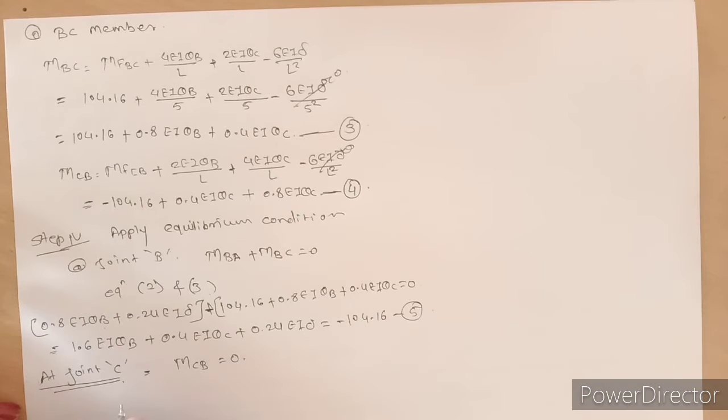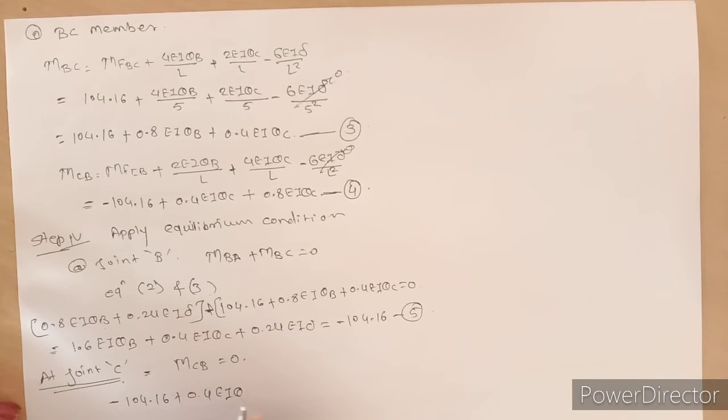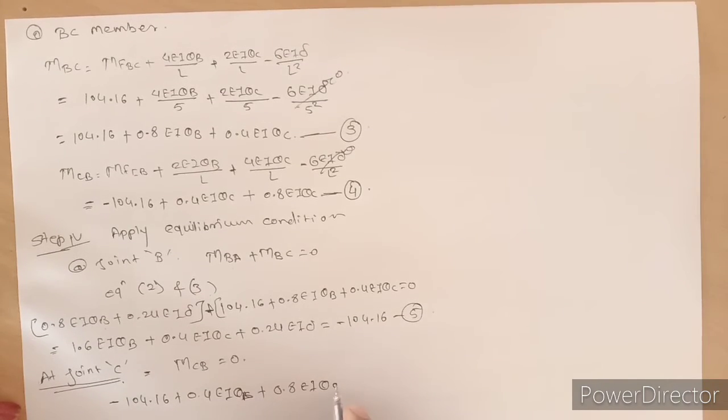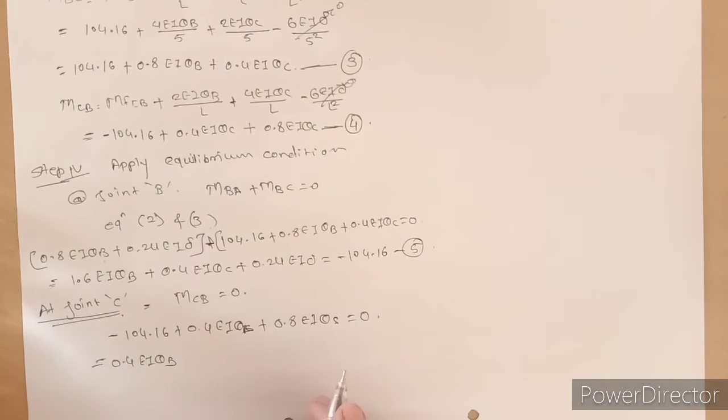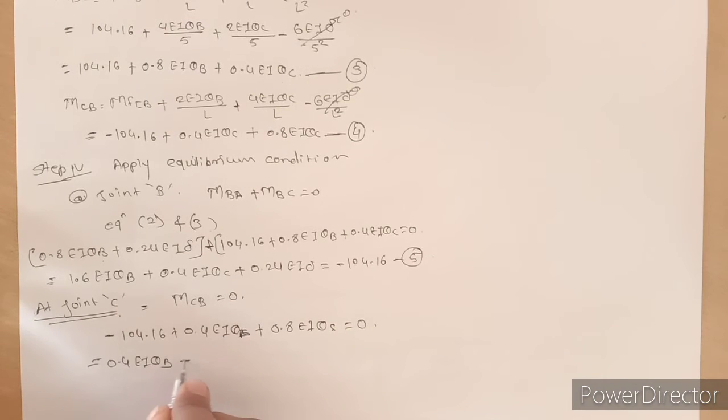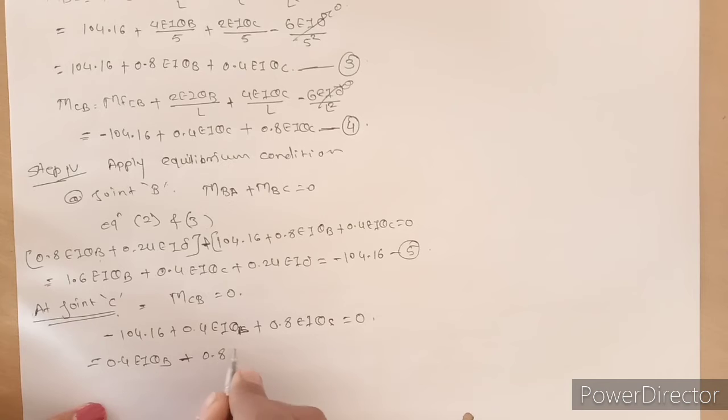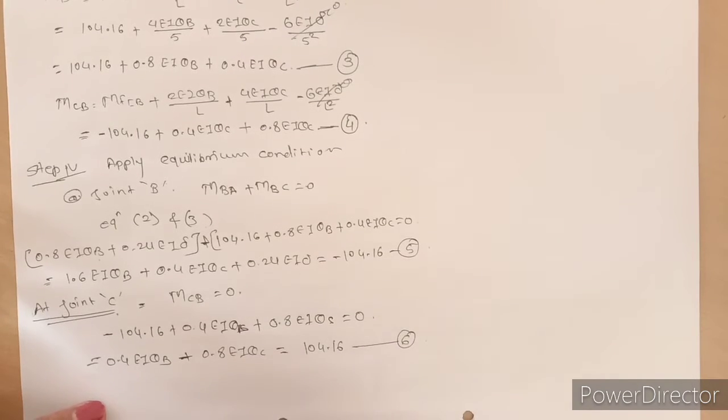The fourth equation is minus 104.16 plus 0.4 EI theta C plus 0.8 EI theta B, and here theta C is equal to 0. So the equation is 0.4 EI theta B plus 0.8 EI theta C is equal to 104.16. This is equation number 6.